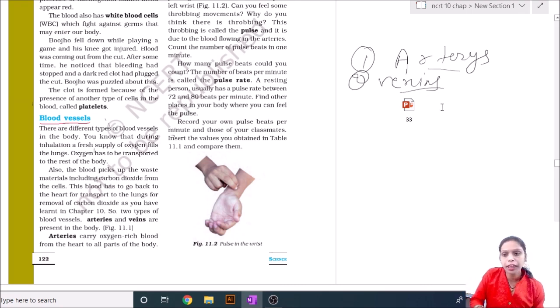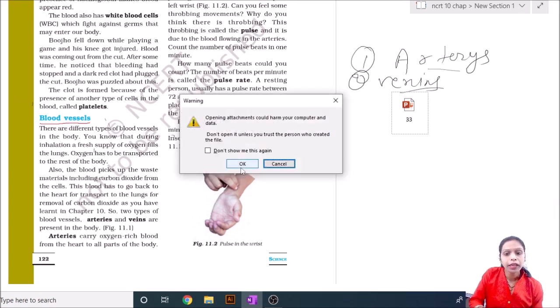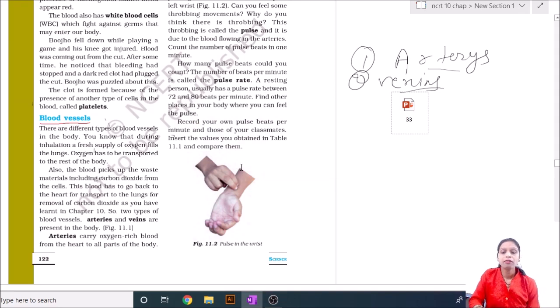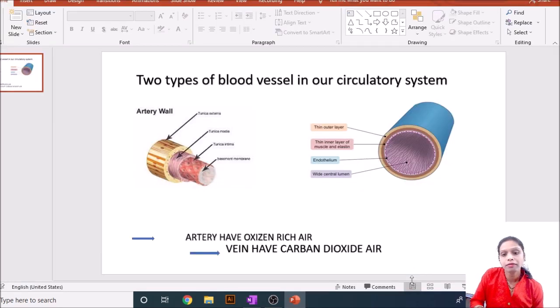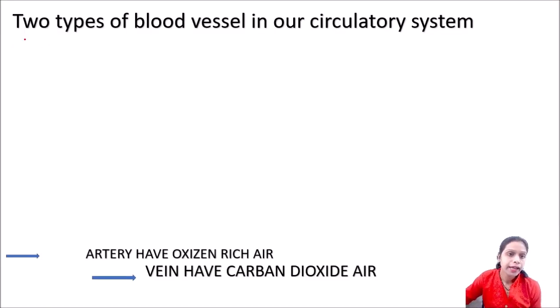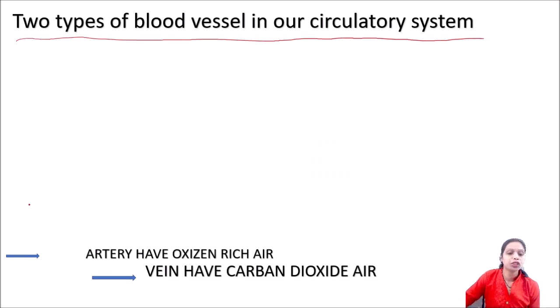You can see from this presentation what the structure of arteries is and what the structure of a vein is. You can see here there are two types of blood vessels in our circulatory system. The first is arteries and the second is veins.